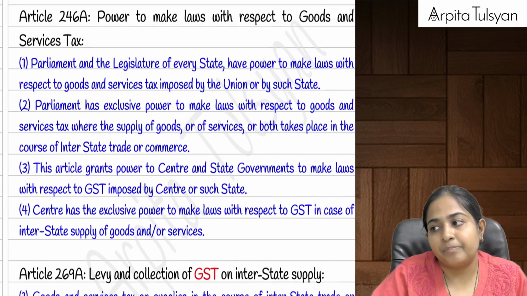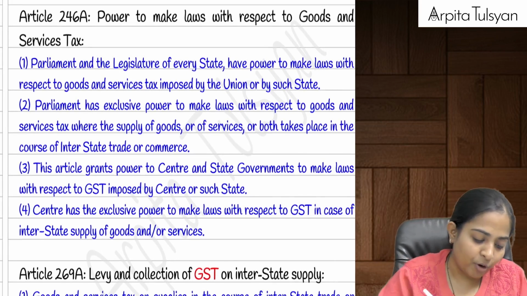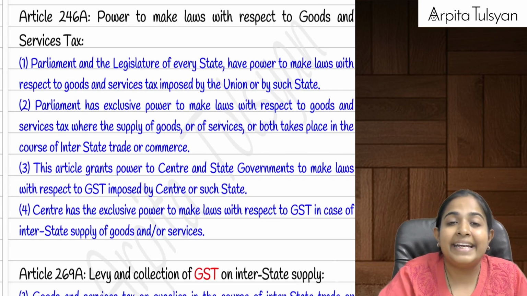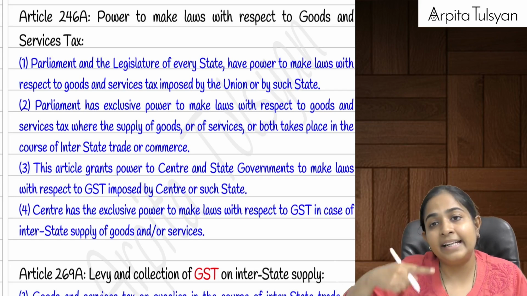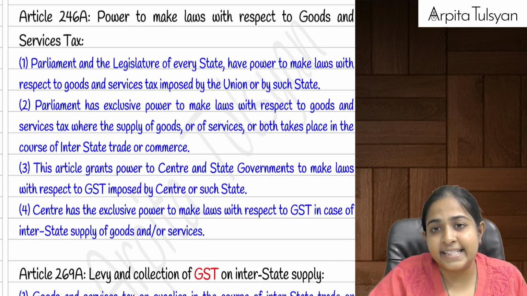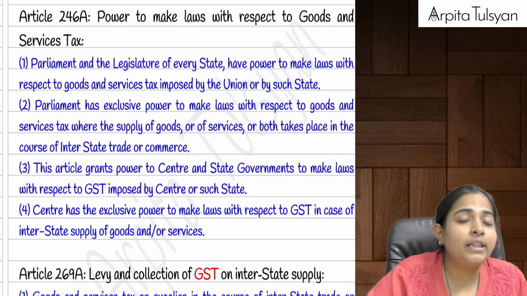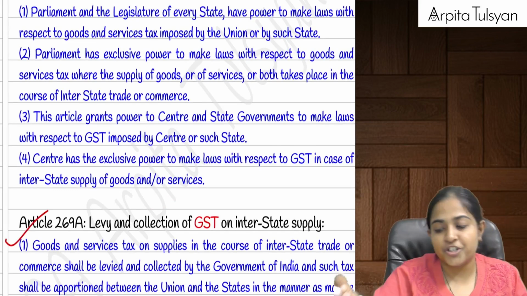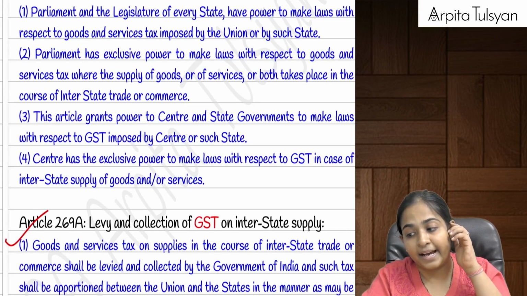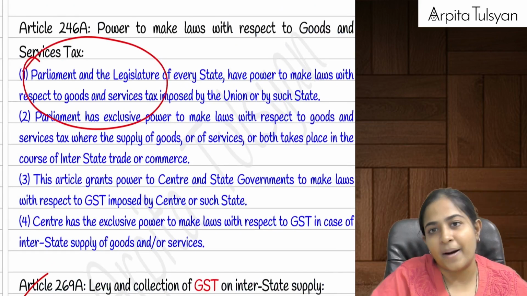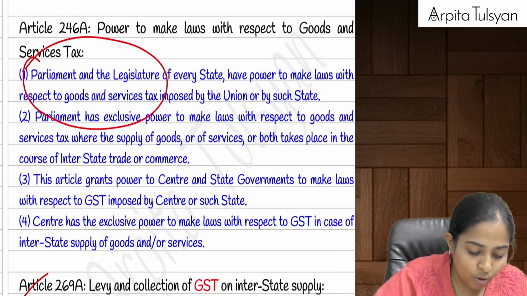Then, one very important thing to be remembered here is when we are talking about interstate supply, from one state to another state, which tax was levied? IGST was levied. For all the provisions relating to interstate supply, that will be decided only by the parliament.